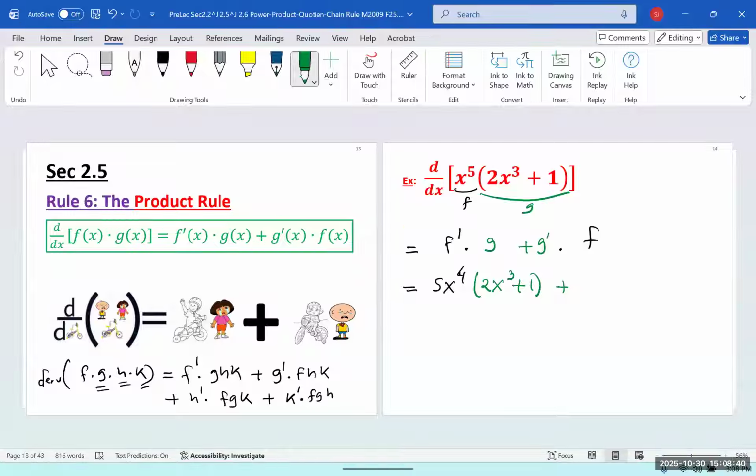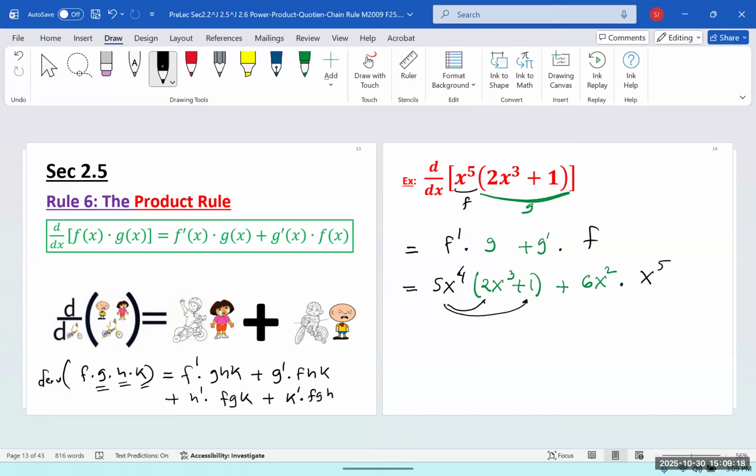If g is 2x cubed plus 1, what's the derivative of g? 6x squared plus 0. But 0 doesn't count, right? So leave the 0 alone. Times your f function, which is x to the 5. So this is the product rule. So we are done with the derivative, and then you're going to simplify.